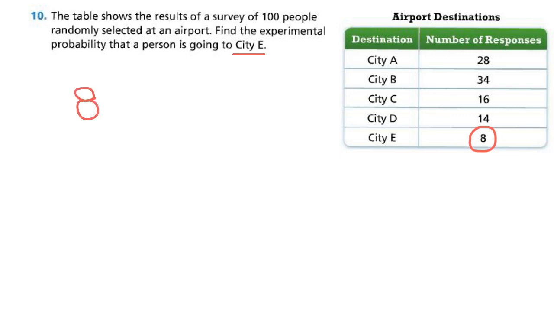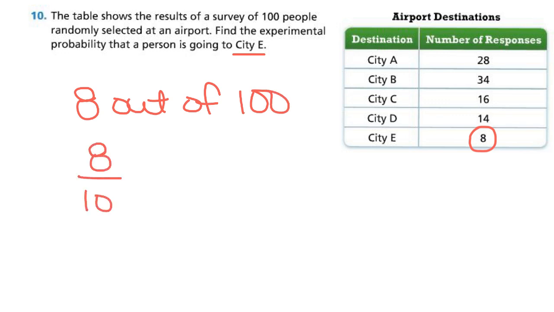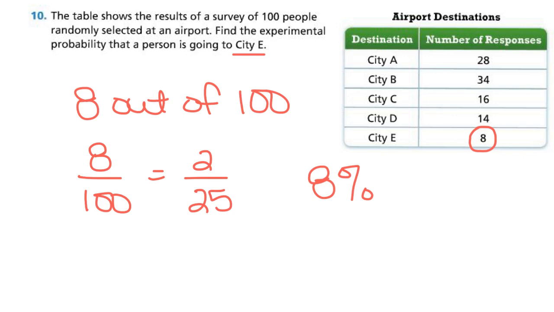That is 8 out of 100 people. So that gives us the fraction 8 over 100, which reduces to 2 out of 25. This could also be considered 8% probability that a person is going to city E.